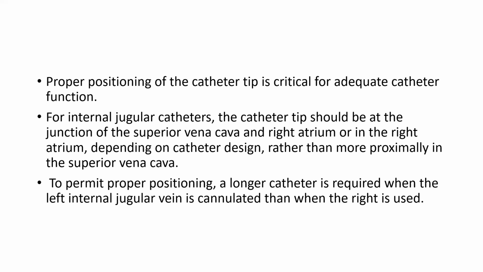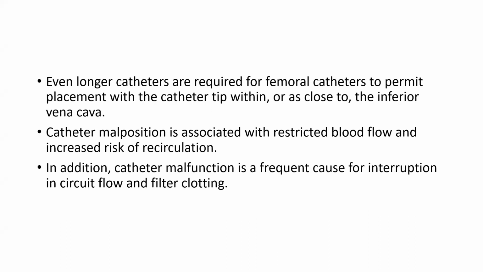To permit proper positioning, a longer catheter is required when the left internal jugular vein is cannulated than when the right is used. Even longer catheters are required for the femoral site to permit placement with the catheter tip as close to the inferior vena cava as possible. Catheter malposition is associated with restricted blood flow and increased risk of recirculation.